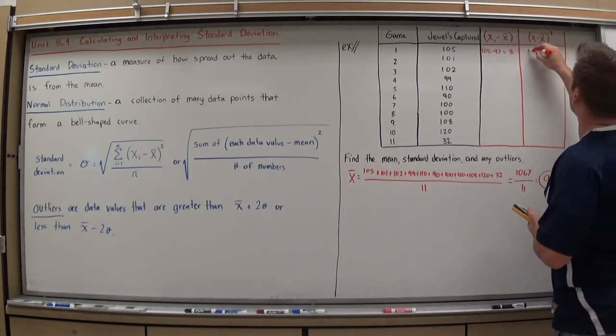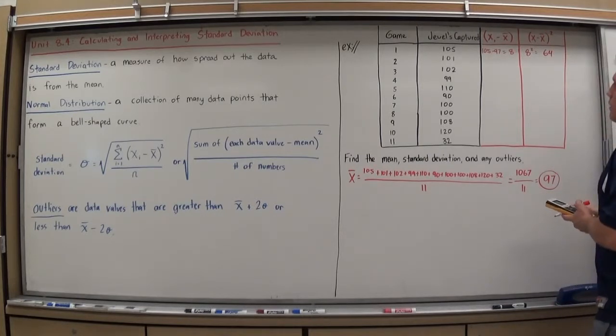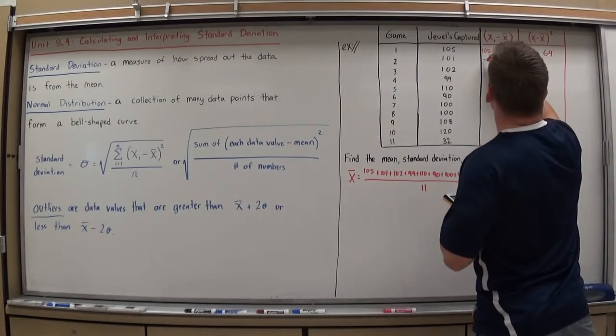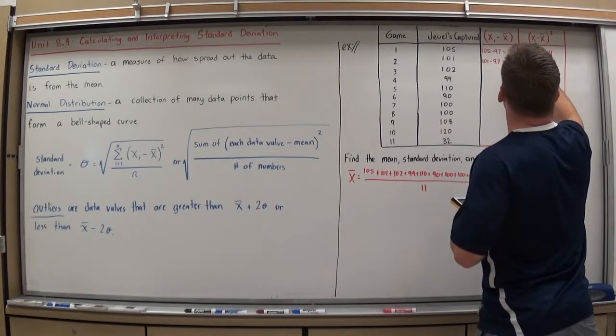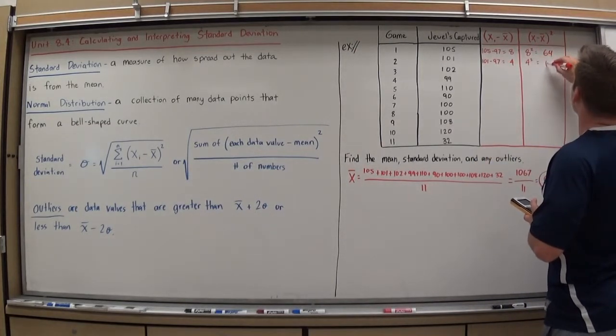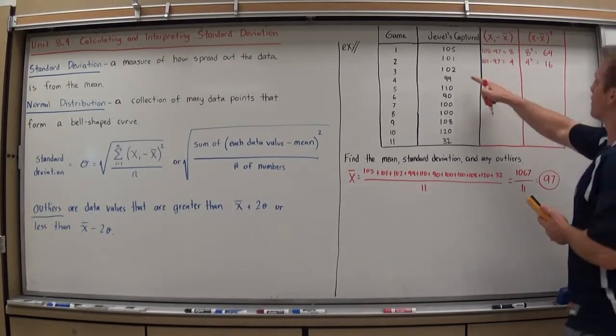So 8 squared is 64. Our next term was 101. 101 minus 97 equals 4. And then I would do 4 squared and get 16. And so now I'm going to continue to do that for each one.